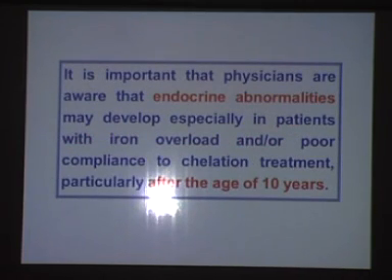So it is important that physicians are aware that endocrine abnormalities may develop, especially in patients with iron overload and/or poor compliance to chelation treatment, particularly after the age of 10 years.